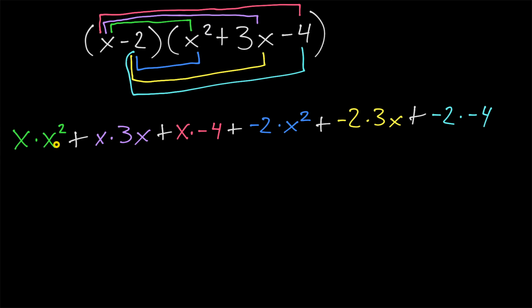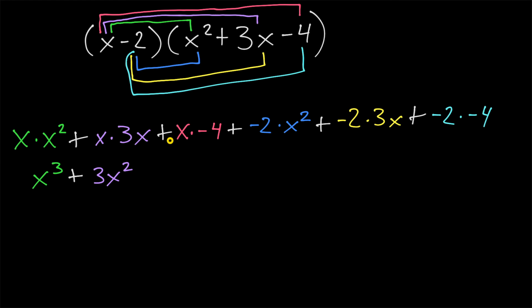And now all you have to do is perform the multiplication in every one of these terms. So let's go ahead and do that below. x times x squared is simply going to be x cubed, plus x times 3x. x times 3x is simply equal to 3x squared.